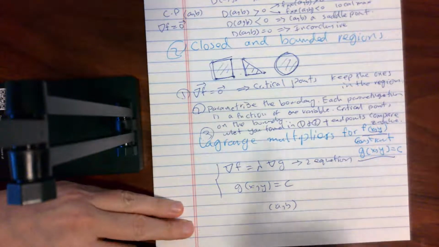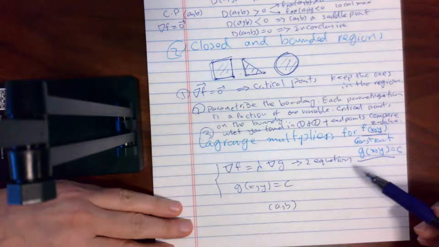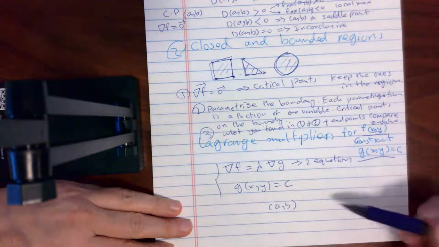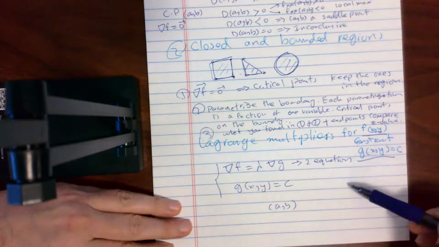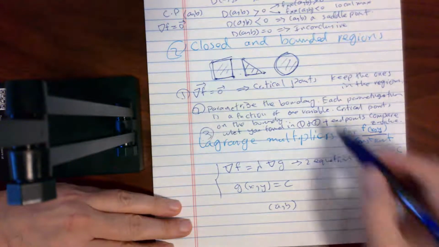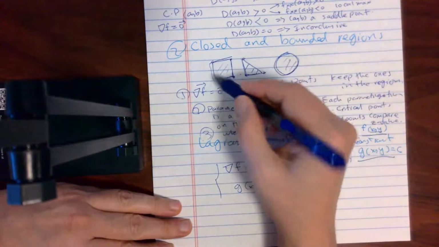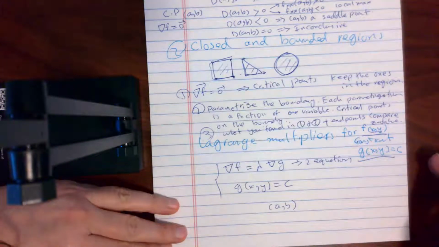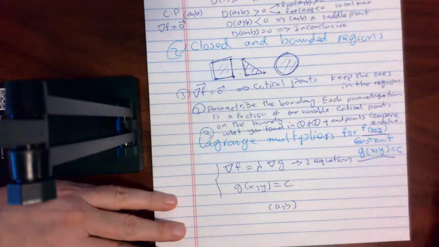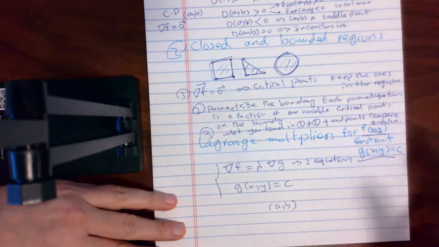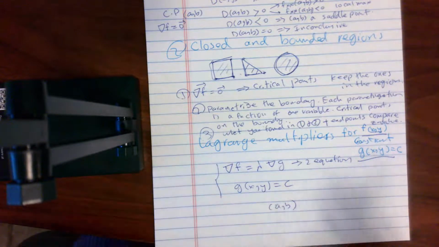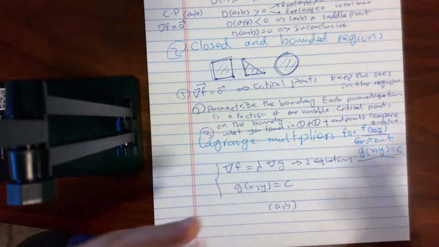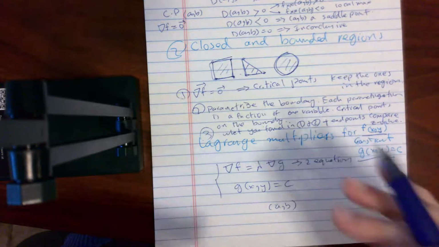So with the Lagrange multipliers, you either have to make sure that the constraint is bounded and closed, like it's just a boundary like that, or this or that, or you have to know by other pieces of information, sometimes by experience, that there's a local max, or an absolute max or absolute min that happens according to the problem.